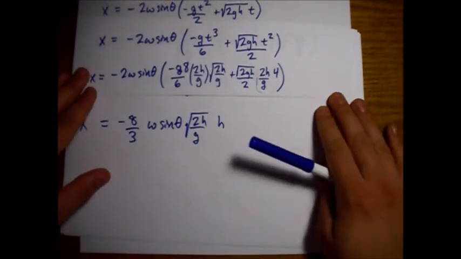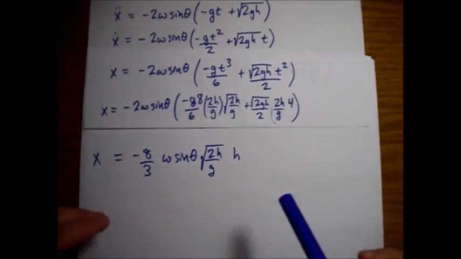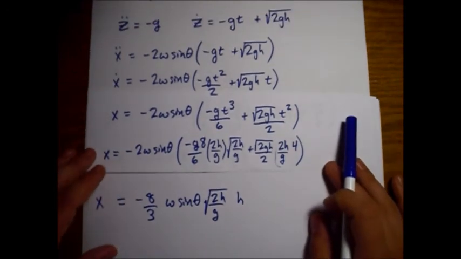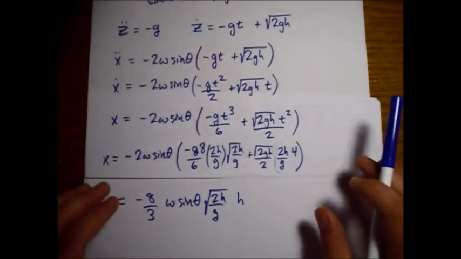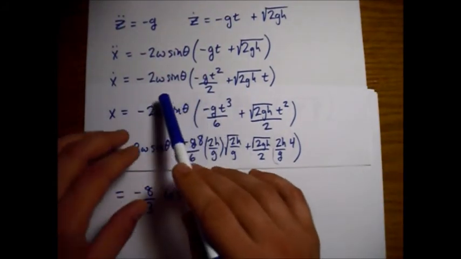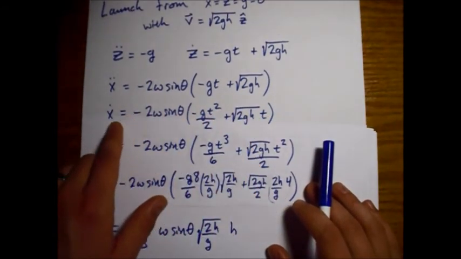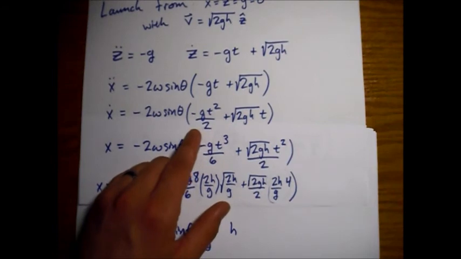So if we look at launching, so we're launching from the bottom, and we want to know what is our velocity here in the x direction when we get to the top.